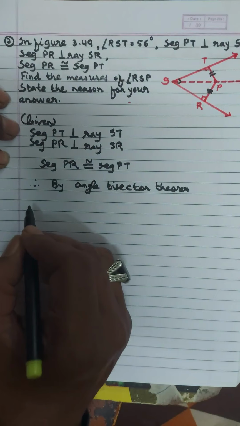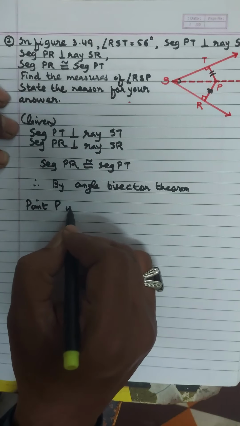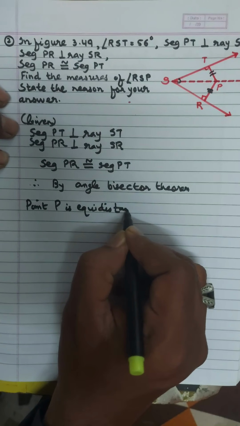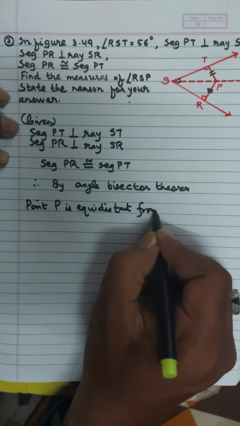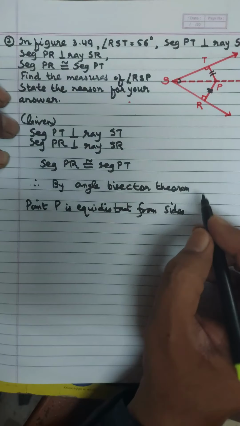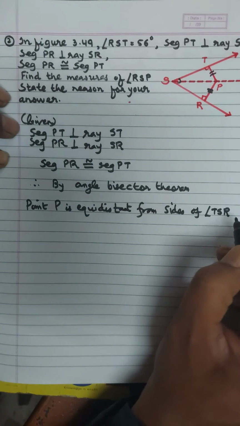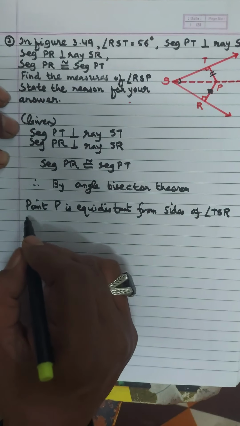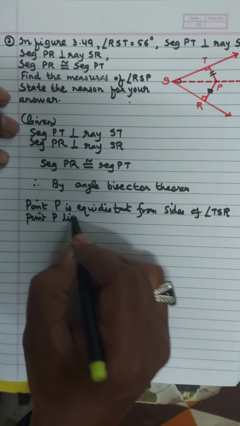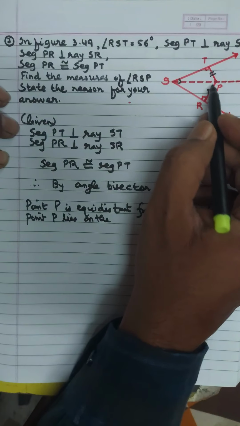So we can start here. Point P is equidistant from the sides of angle TSR, and point P lies on the bisector. Point P is in the center and these two parts are equally divided.